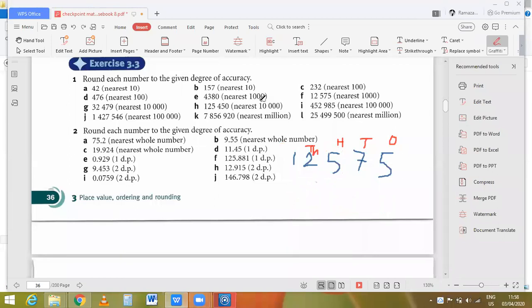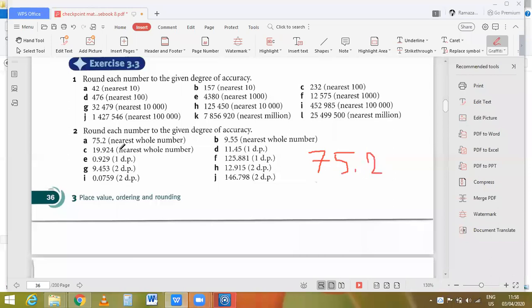Okay, now let's start example 2. Example 2 is mostly for decimal numbers and how we can solve them. It's asking for the nearest whole number of 75.2.